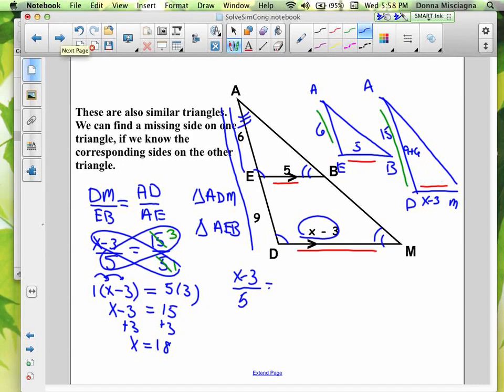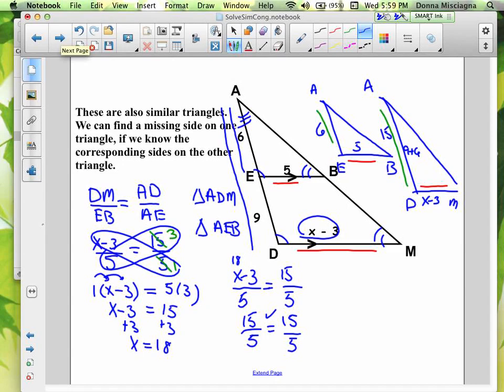And AD is 15. And AE is 5. All right, so x was 18. 18 minus 3 is 15. Well, 15 over 5, whether we reduce or don't reduce, certainly equals 15 over 5. Same ratio there. So we solved this one correctly.